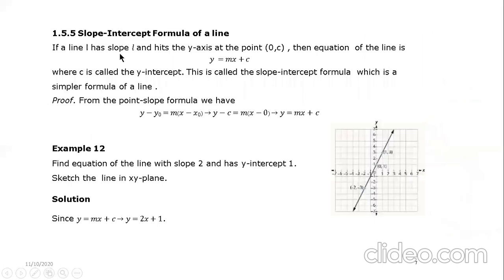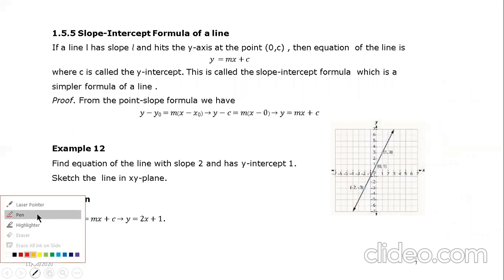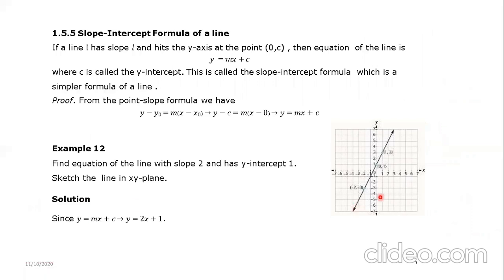Okay. The slope-intercept formula of a line. An intercept is the intersection of the line with the y-axis. This value is the intercept, the intersection of the line with the y-axis.